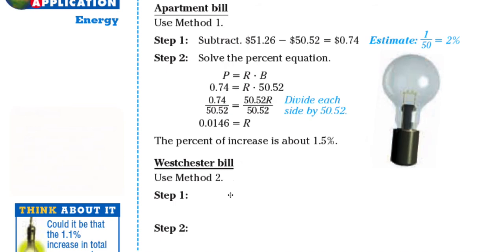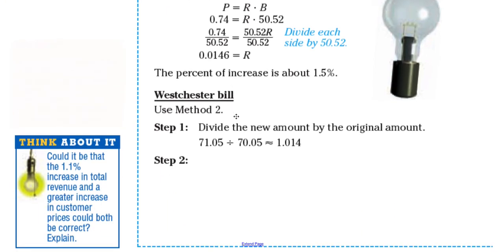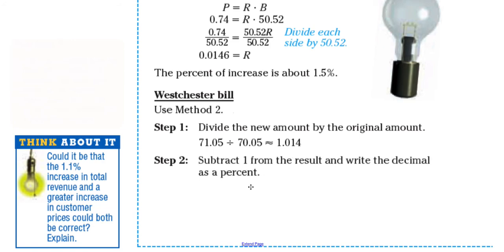And the Westchester bill, we use method 2 this time. So we divide the new amount by the original amount. The new amount is $71.05. The original amount is $70.05. It's approximately 1.014 when you divide that using a calculator. And then we simply subtract 1, end up with around 0.014, or around 1.4%.